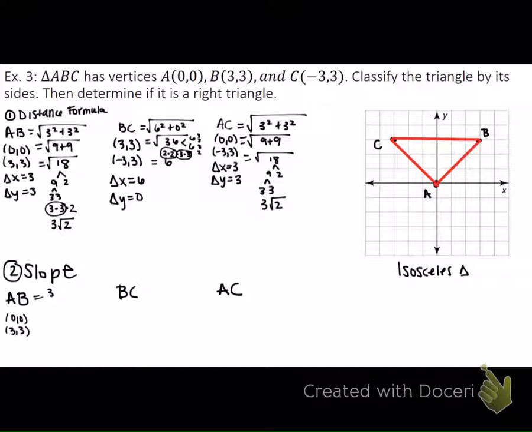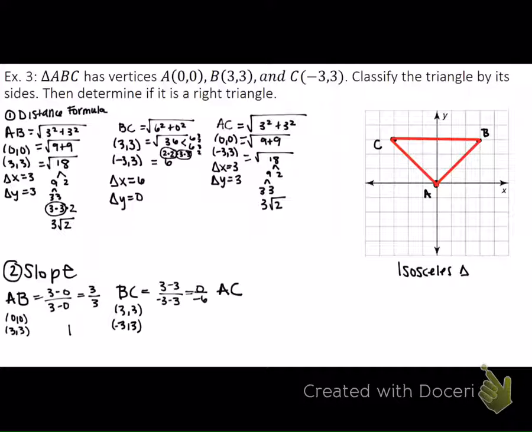So I have 3 minus 0 over 3 minus 0, which is 3 over 3, which is just 1. BC is 3, 3, and negative 3, 3. So that's 3 minus 3 over negative 3 minus 3, which is 0 over negative 6.